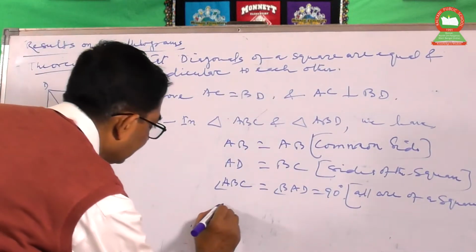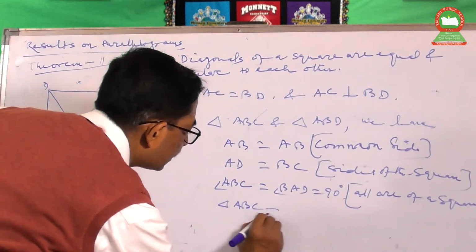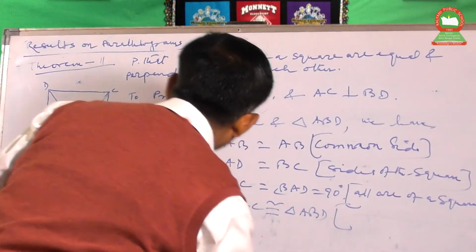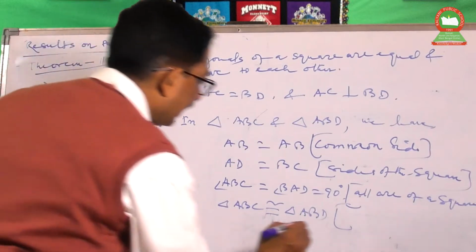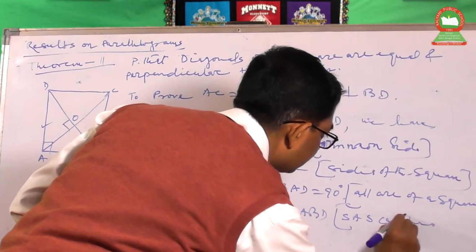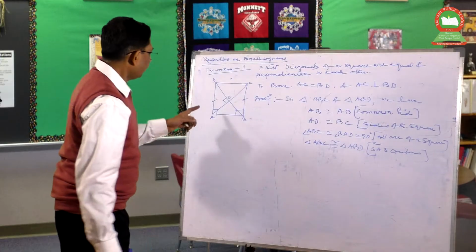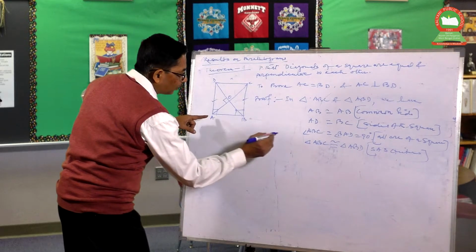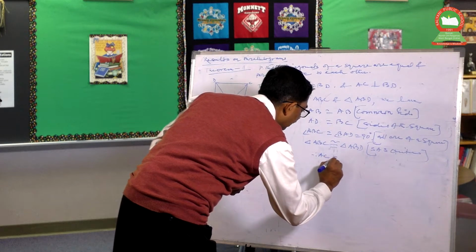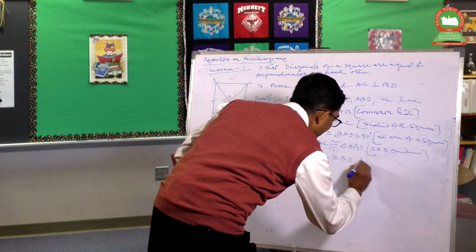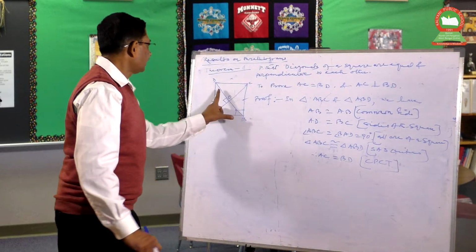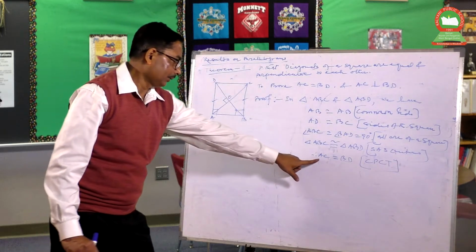So we can say triangle ABC is congruent to triangle ABD, and this is the side angle side, that is the SAS criteria. Now from here we can conclude that AC equals BD, by CPCT, which is the first part of this theorem, that the diagonals are equal to each other.